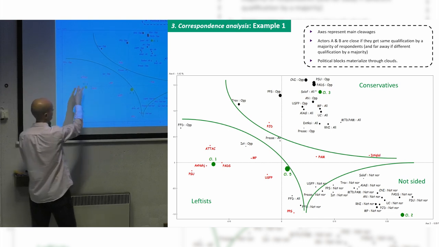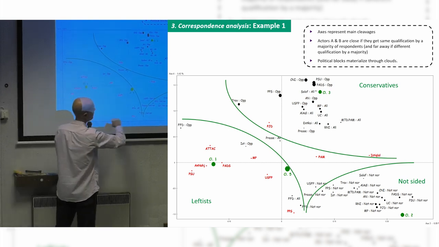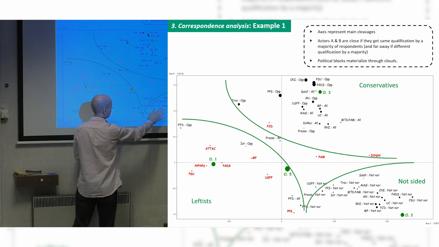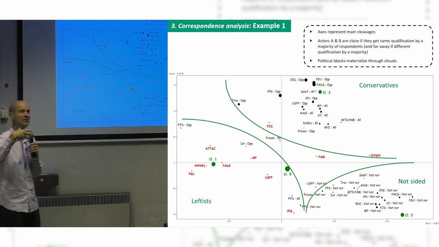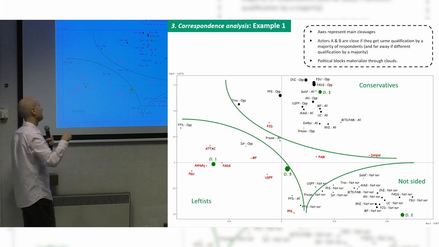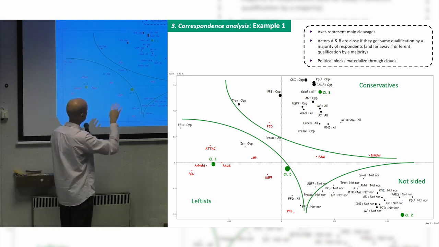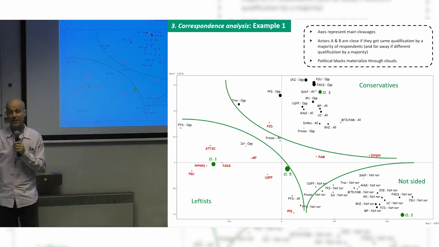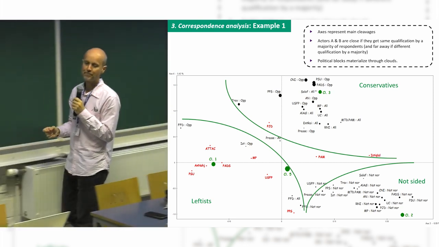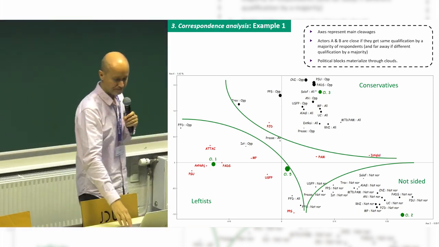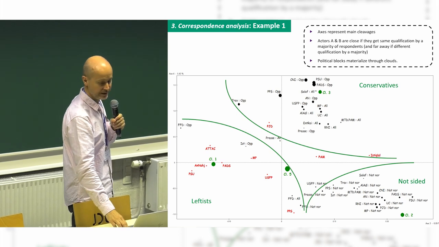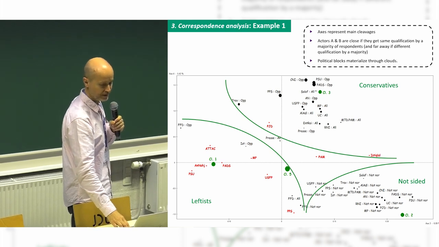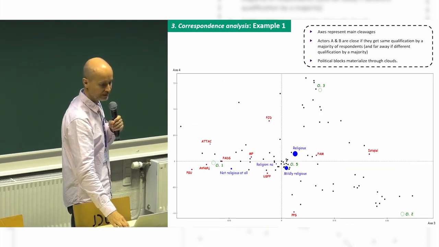So the left is more or less here, the conservatives, not sided, which is an important thing, because being in or out of the system, political or not political, is important in this whole balance and harmony that the leader in the background is kind of monitoring. Okay.